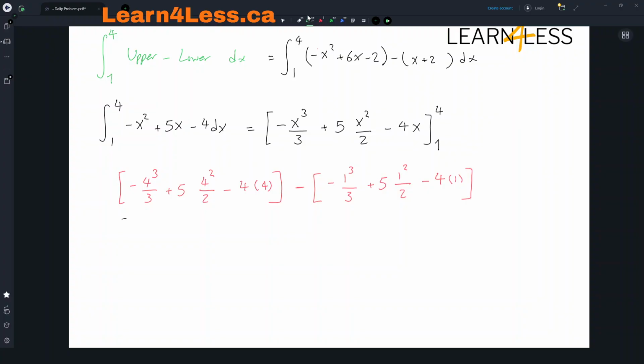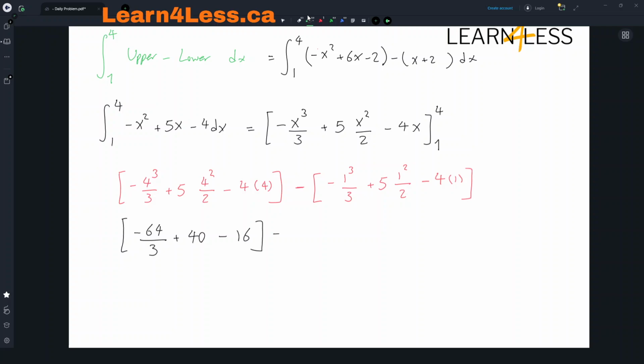Now we can simply evaluate that. Negative 4 to the power of 3 is negative 64 over 3, plus 4 squared is 16 divided by 2, it's 8, and 8 times 5 is 40, minus 4 times 4, which is 16.